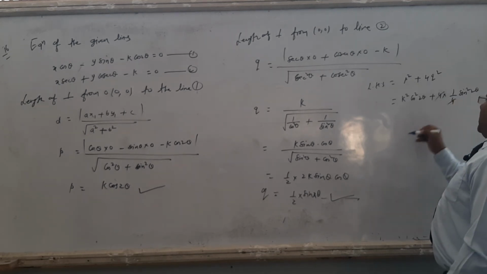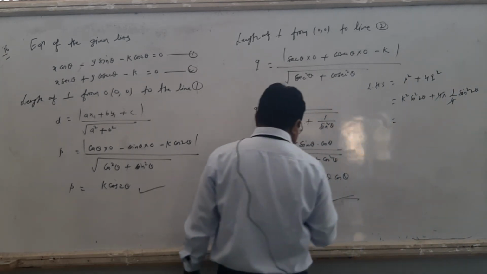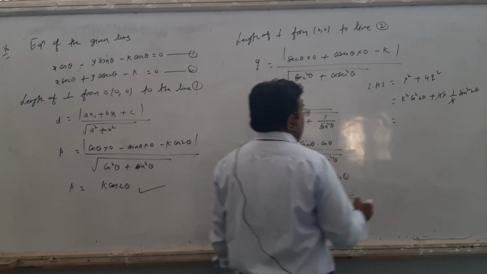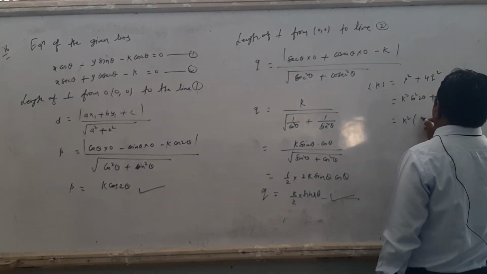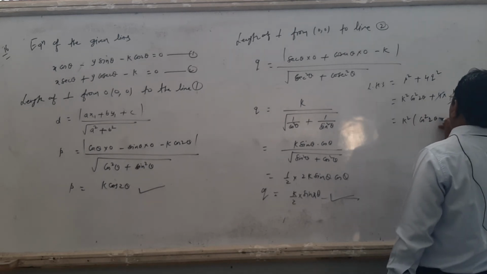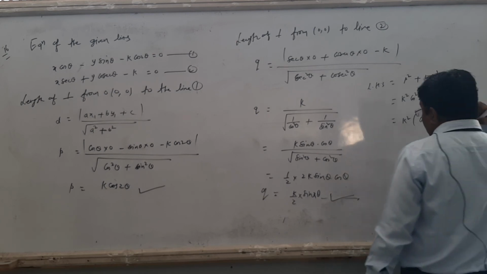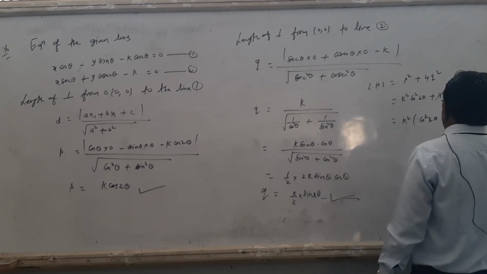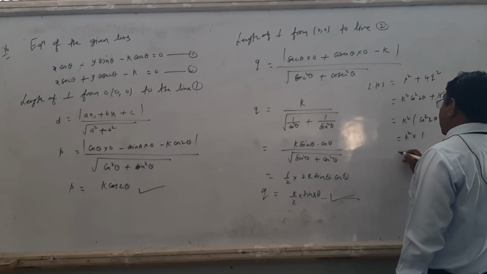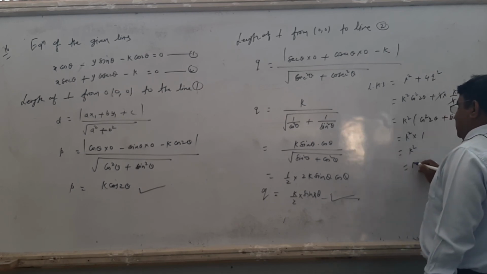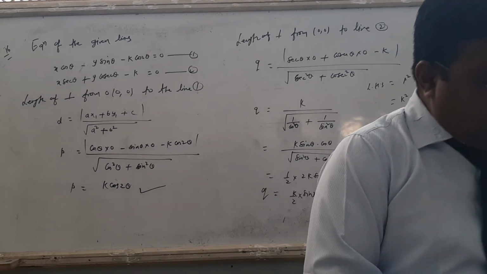That also cancels now. k is given, then k upon 2. So k square is common, left cos square 2 theta plus sin square 2 theta. And you know student, sin square plus cos square of the same angle, sin square 2 theta plus cos square 2 theta, the value is 1. Class identity, then k square, this is the right hand side. Hence, p square plus 4q square equals k square.